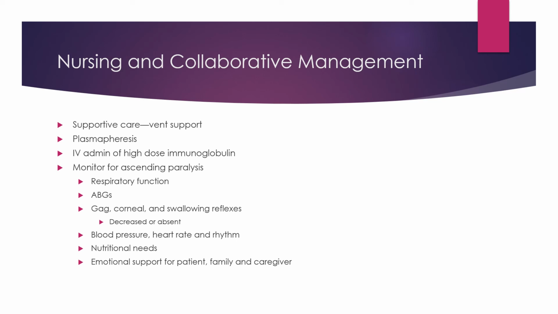And we can also give IVIG, which is intravenous immunoglobulin, and that works similar-ish to plasmapheresis, where we're getting rid of the bad antibodies that are attacking our body, and we're getting in the good immune system fighters. And then lastly, again, monitoring for that ascending paralysis.